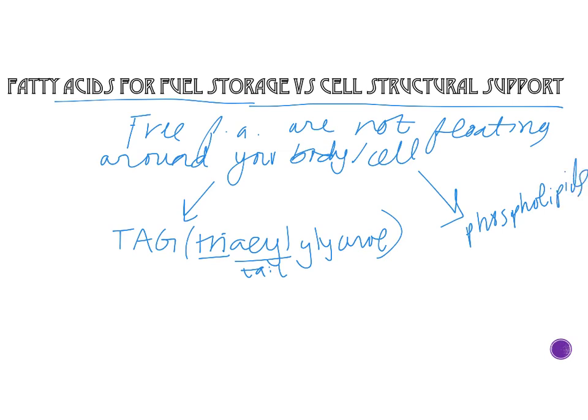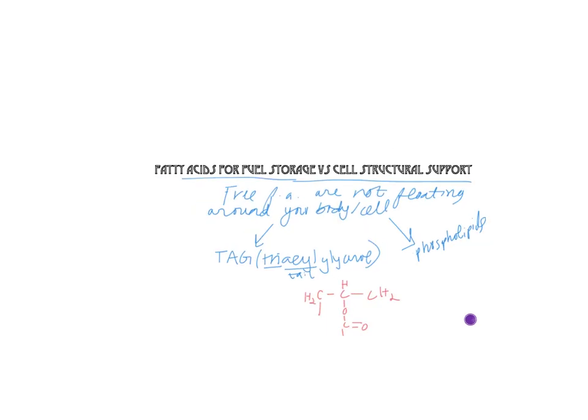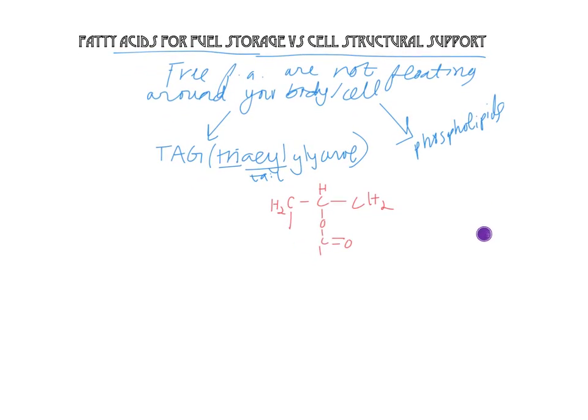And the very basic structure is 3 carbons in a row, CH2, CH, CH2, and then an ester, or actually I'm gonna show you what the R is. The R is the acyl tail, or what was the fatty acid tail.